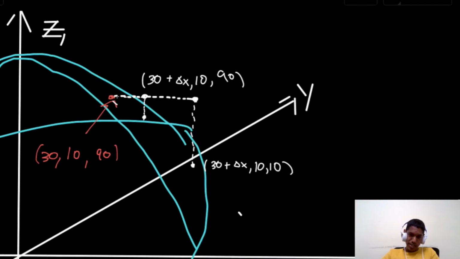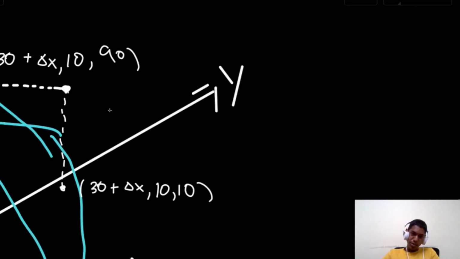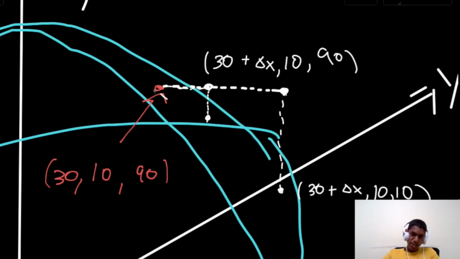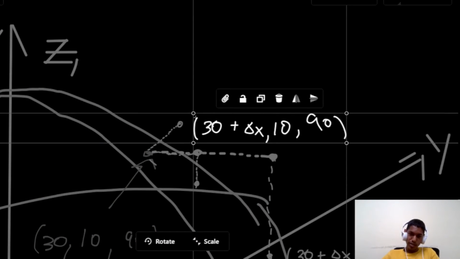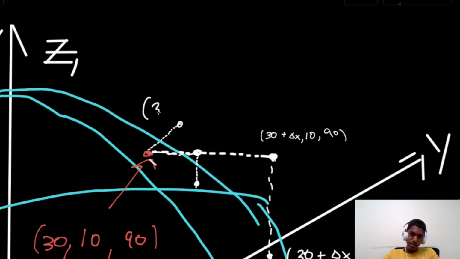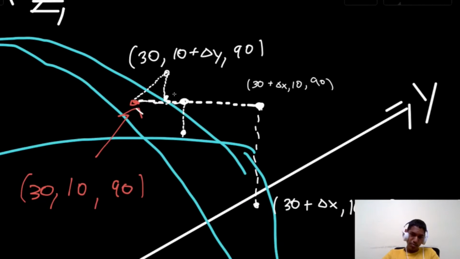So in this case, we stepped a little bit in the X direction. So how steep is this hill in the X direction? It's pretty steep. But if we tried the Y direction, you can tell that it's not going to be as steep if you did the same thing, where you stepped here. So now this new point would be 30, 10 plus delta Y, 90. And then we go ahead and adjust our Z value to some point behind. So this point is behind this one, right?